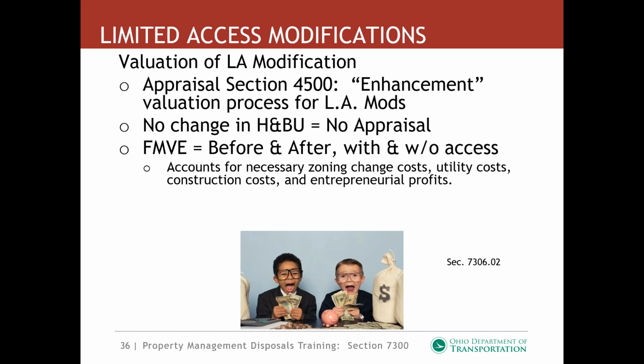These can be quite expensive, and commercial business owners often have sticker shock when they do not anticipate these costs. We've had LA access modifications, I've heard stories of up to $1 million, depending on what kind of a property it's opening up that was landlocked before and will now have access.